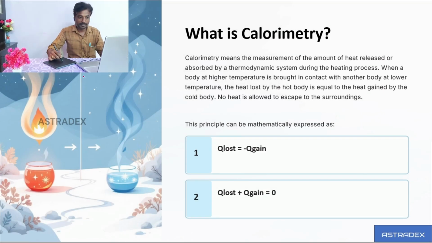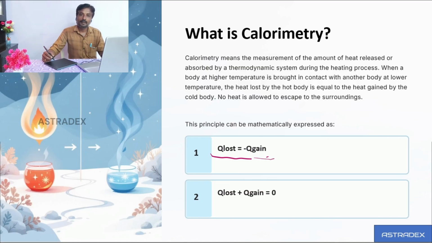Mathematically, the principle of calorimetry can be written as given in that formula: heat lost will be equal to heat gain. By the sign convention, heat loss will be taken as a negative sign and heat gain, that is Q gain, will be taken as a positive sign.